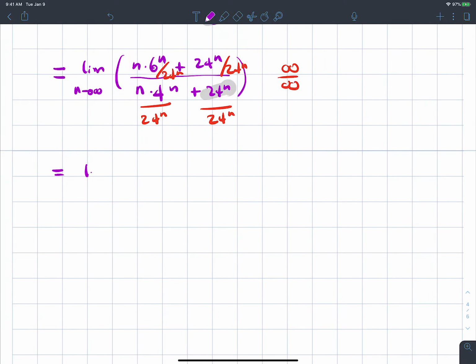And what you get here is that the limit as n goes to infinity will be, let's write this down, n over 4 to the n plus 1 over n over 6 to the n plus 1.